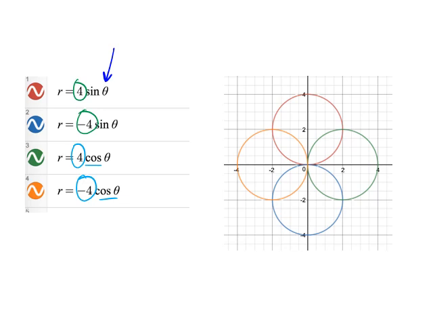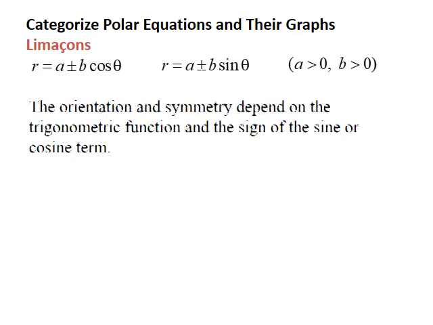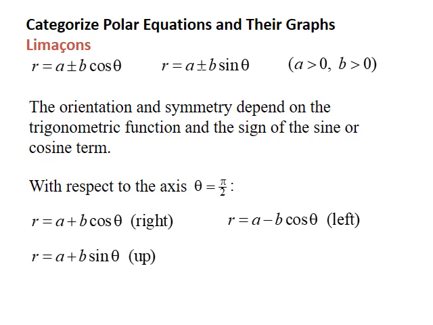So these equations are different than what we have seen the equation of a circle looking like. You will see something called a limacon. Basically, these here are a little bit different, and I'll show you what that looks like here in a second.